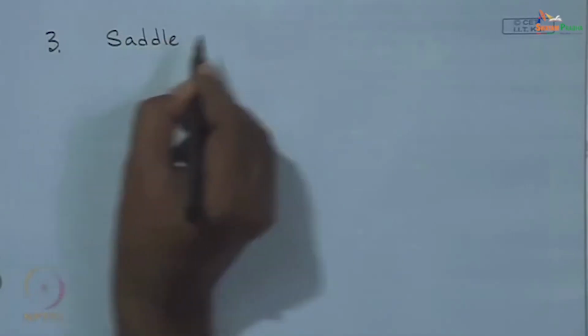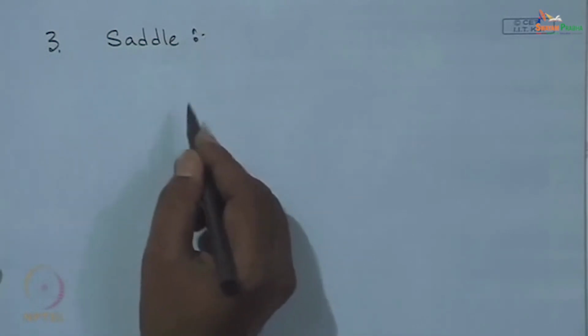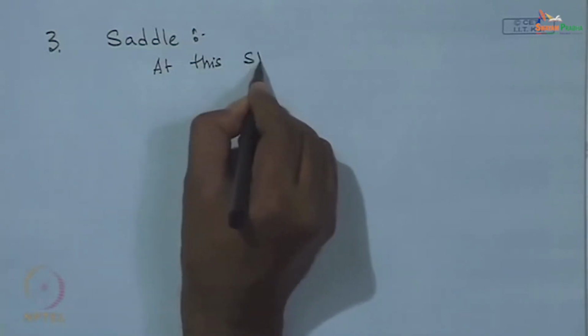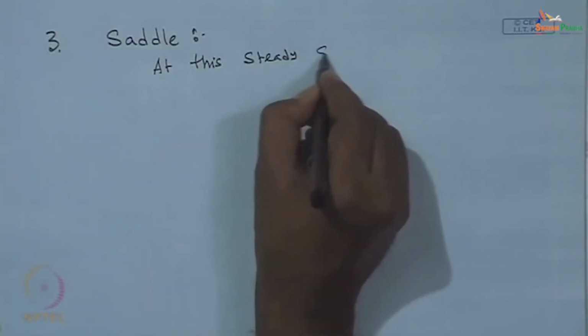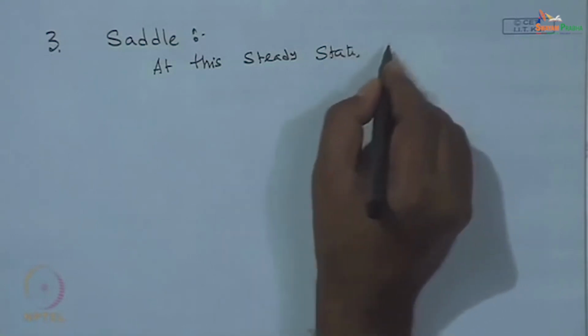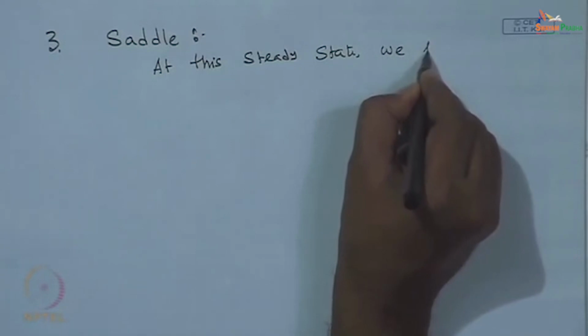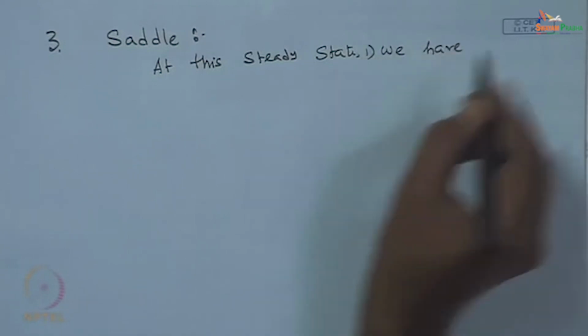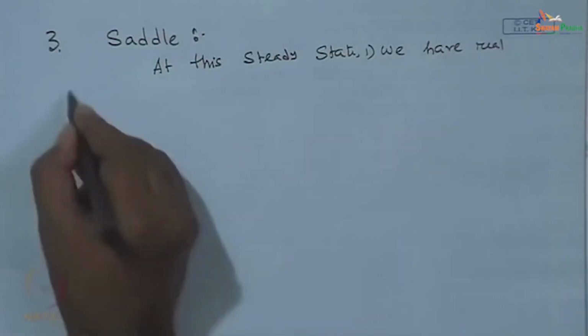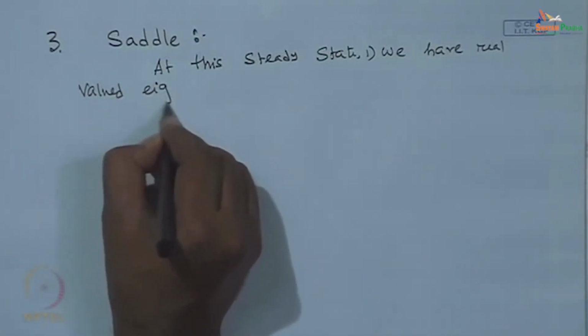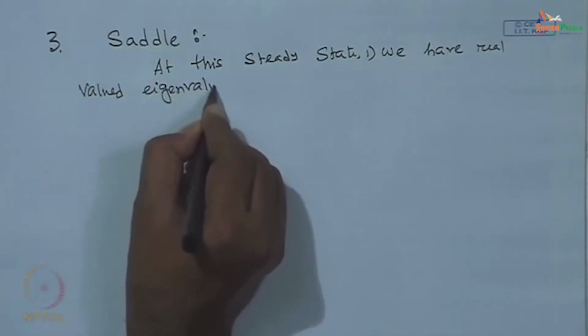So, the next steady state that we talk about is the saddle point, the saddle steady state. Let us see what a saddle is. At this steady state, some eigenvalues are positive, some eigenvalues are negative, and the first condition for the saddle is that we have real valued eigenvalues.